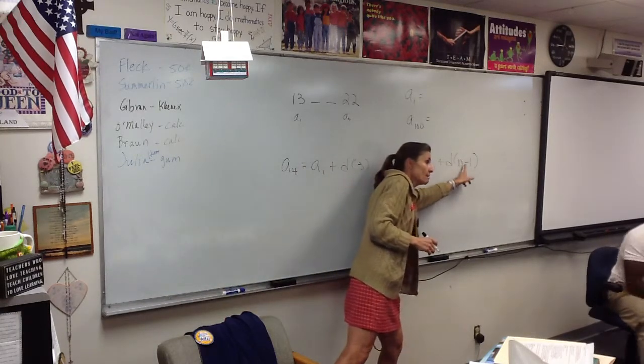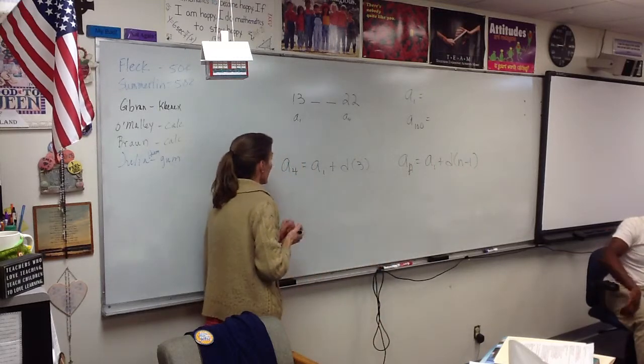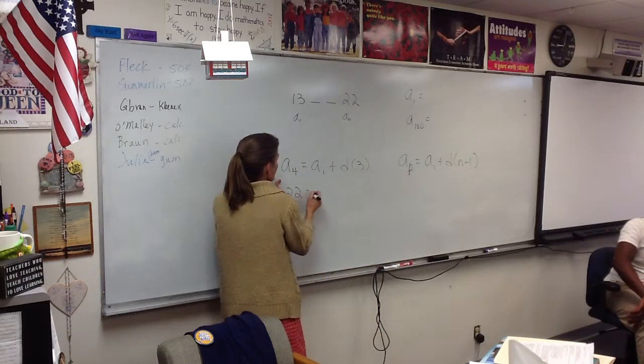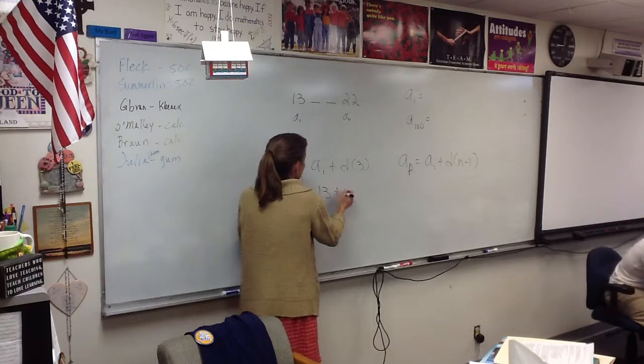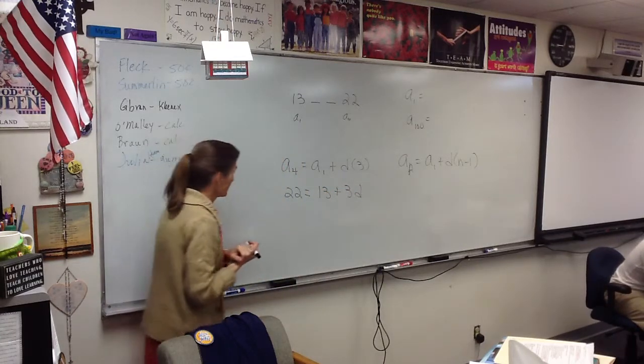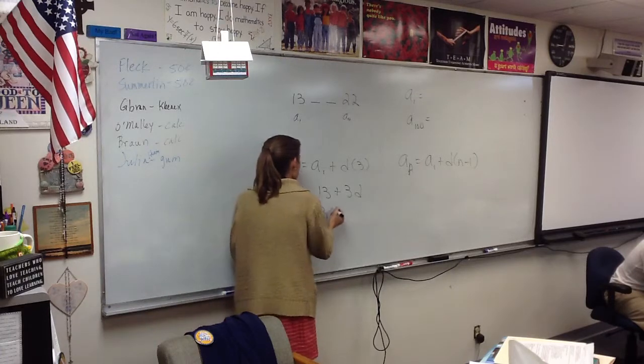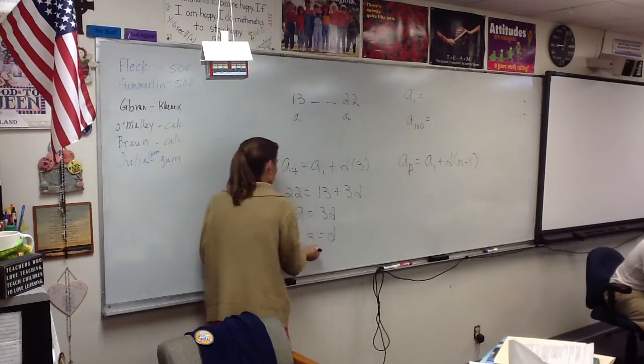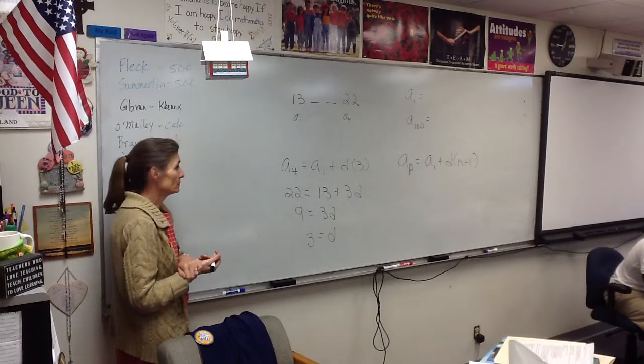N is 4, n minus 1. But I know my 4th term is 22, my 1st term is 13. Can I figure out my D? So it looks like D is 3.